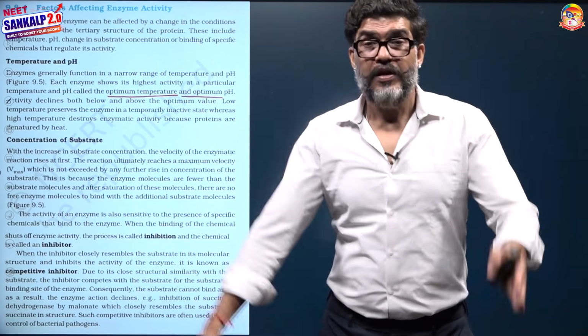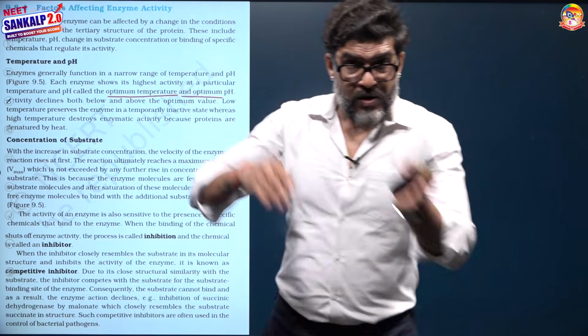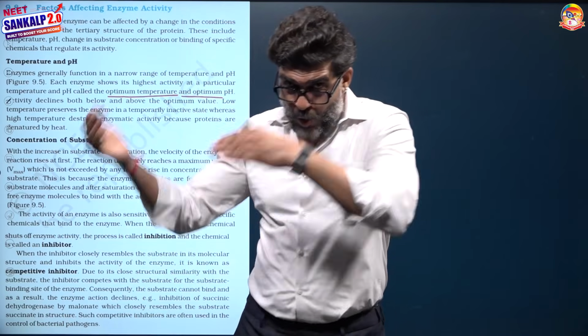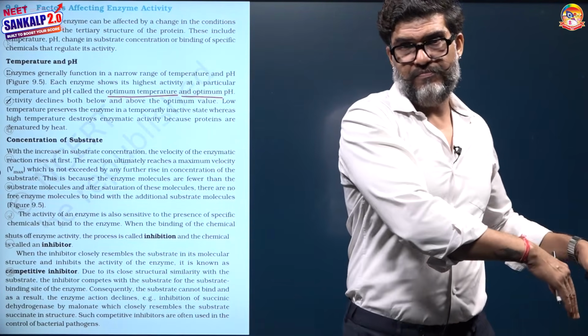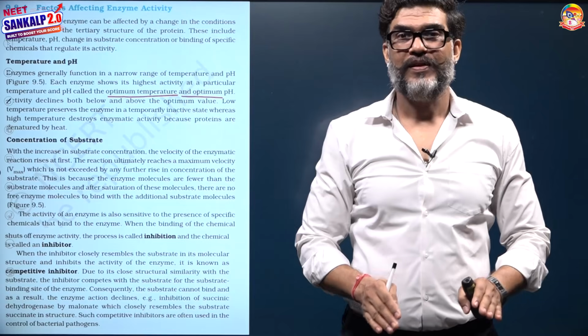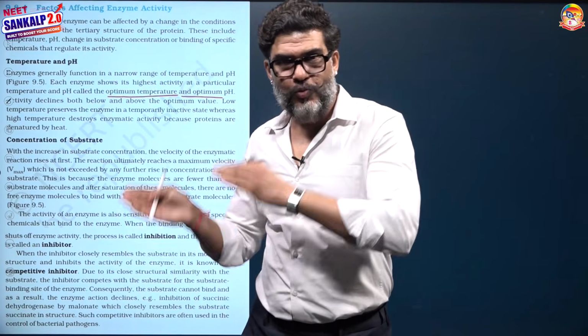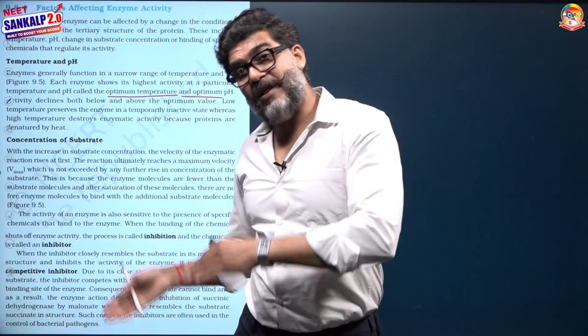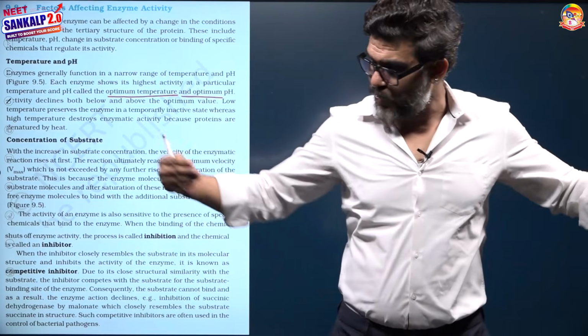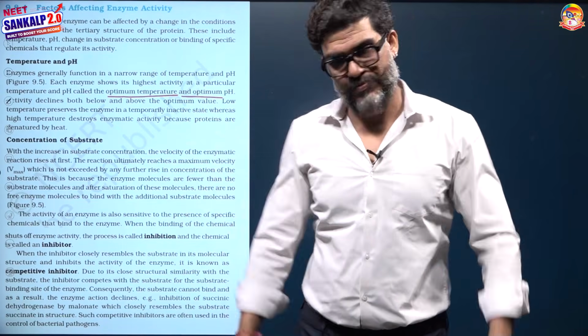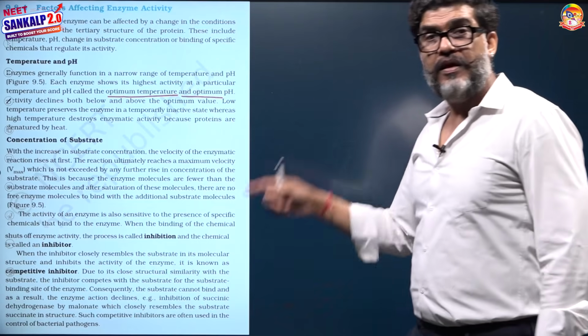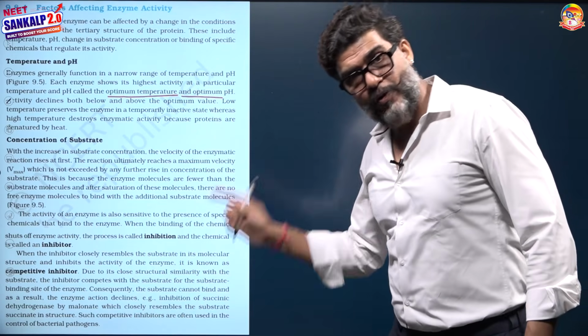I repeat, in competitive inhibition, the substrate analog competes with the substrate, not with the enzyme. The enzyme is the objective: the substrate wants to attach to the enzyme, and the substrate analog also wants to attach to the enzyme. So the competition is between substrate and substrate analog. Two examples: inhibition of succinate dehydrogenase by malonic acid.